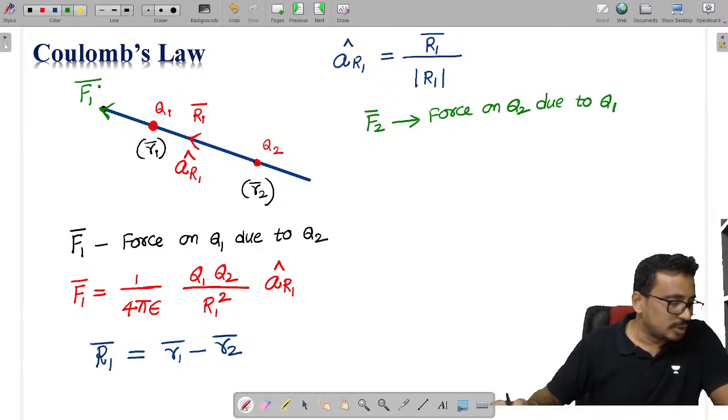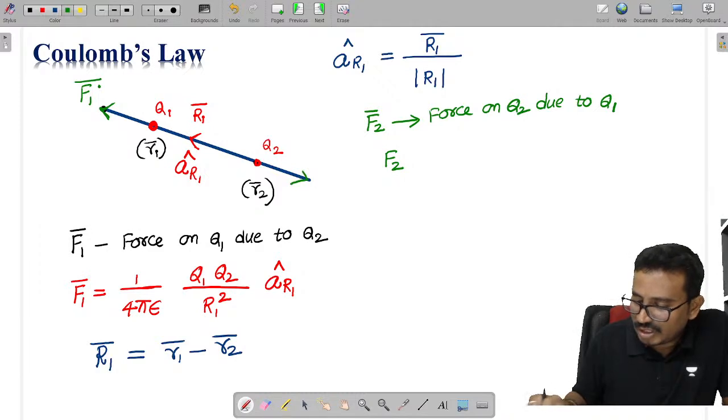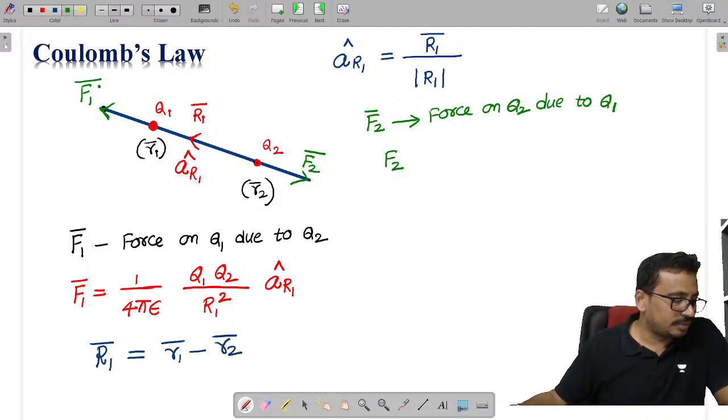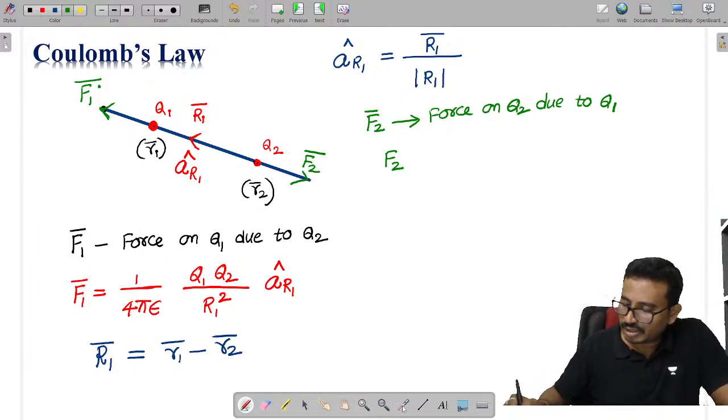The direction of F2 is like this. Which is the final point here? Remember what I told you.